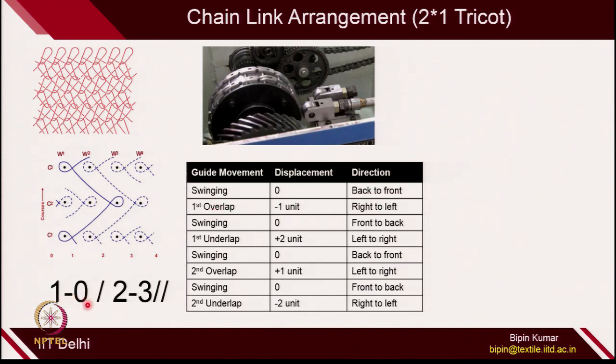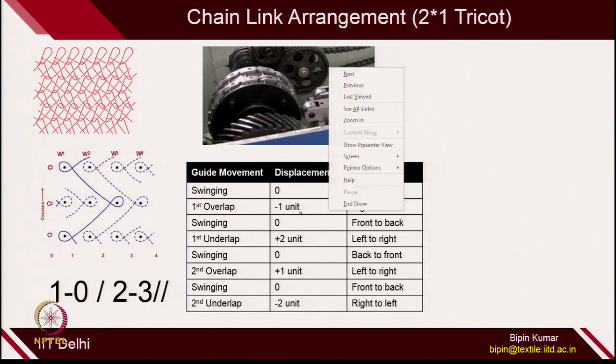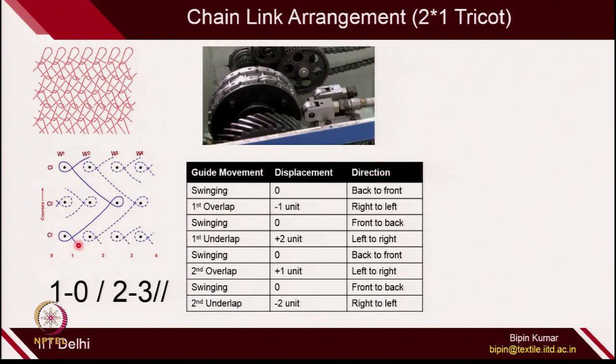So 1 to 0 means it is moving in the right to left direction, so minus 1 unit. After completion of the overlap, it is doing swinging and going back to the back side of the needle. So it stays at the 0 position and does the swinging.